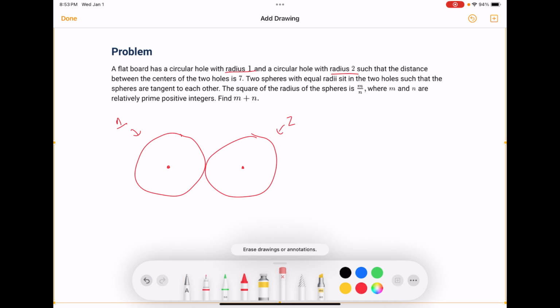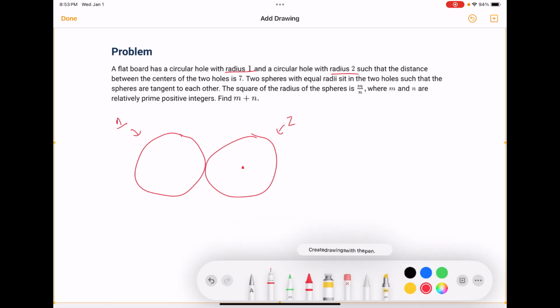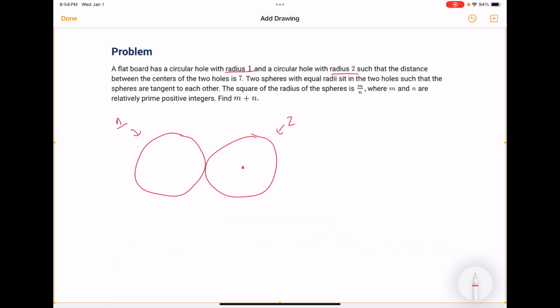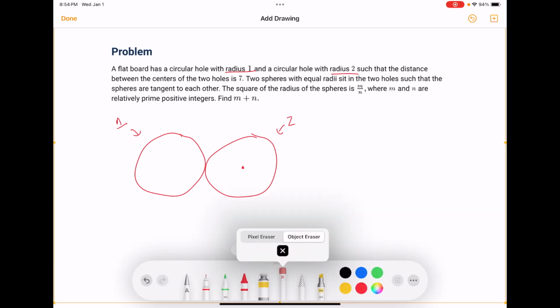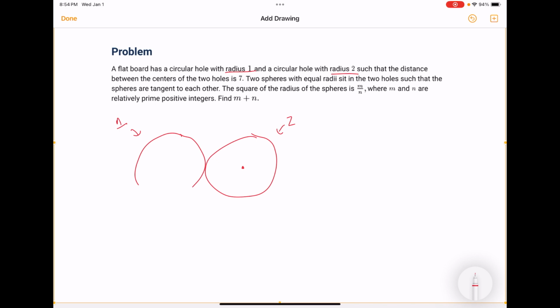That means the centers would not be the same height anymore, because the spheres don't just sit on the holes, but rather sink down into the hole a little bit. So the center of the sphere that sits inside the hole with radius 1 would be higher than the other.